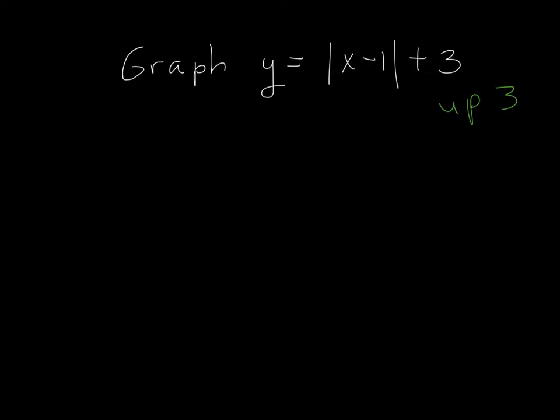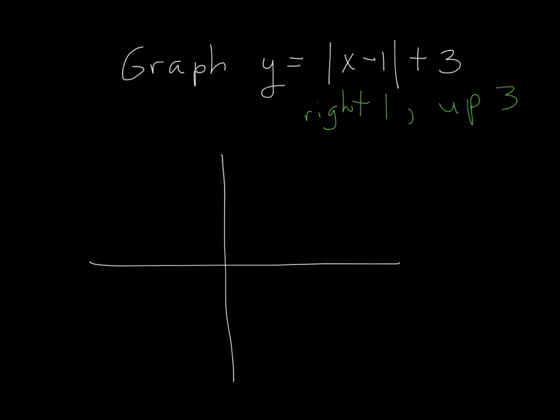So this is going to be right 1, up 3. So why not just do that, right? So we're going to go to the right 1 and up 3, and we're going to put our vertex right there. That's really what we're saying here, is that it's shifting the pointy part, or the vertex of the function.